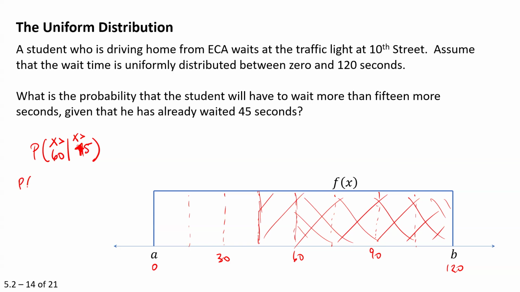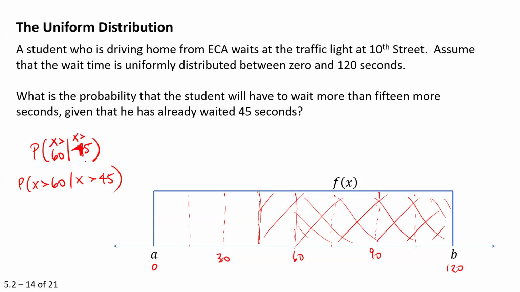So let me rewrite that a little. What's the probability that somebody's total wait will be more than 60 seconds, given that they've already waited 45 seconds? Does that make sense? In the question, is that saying more than 15 or 50?